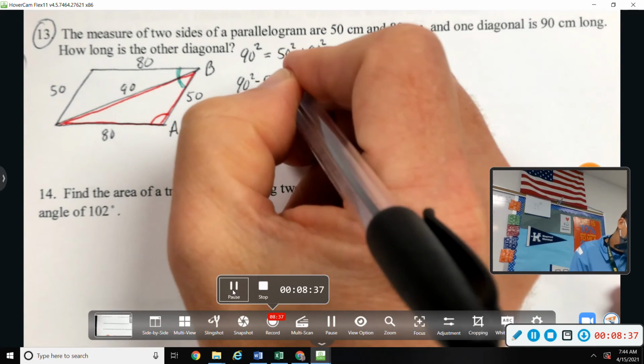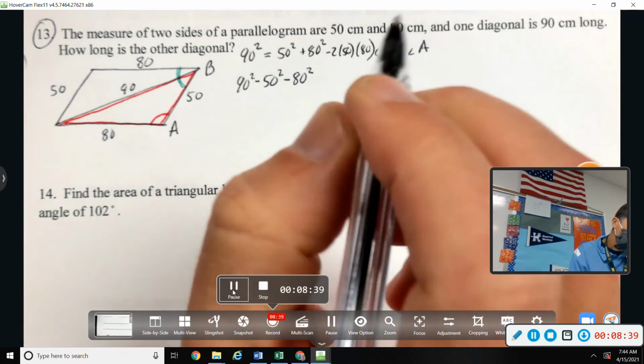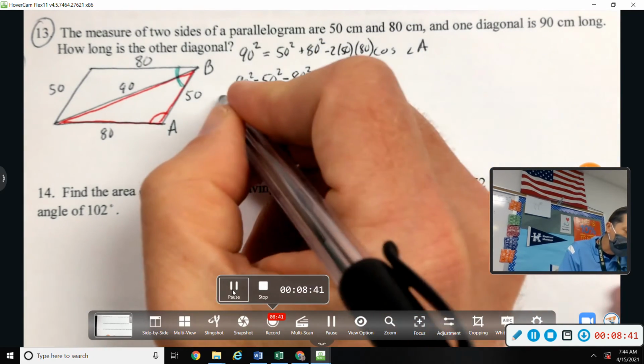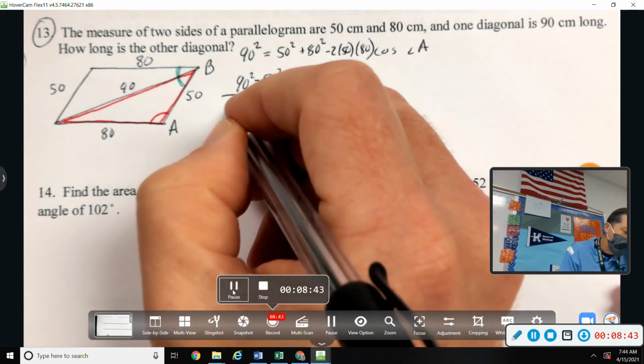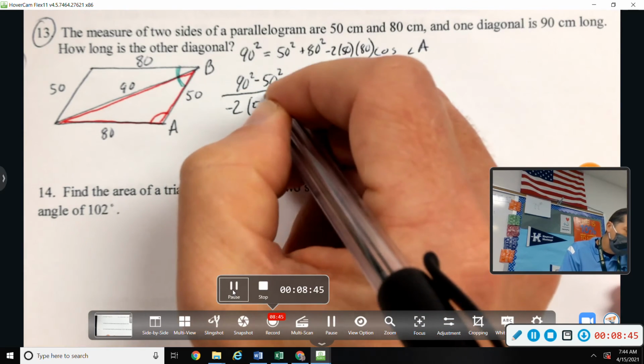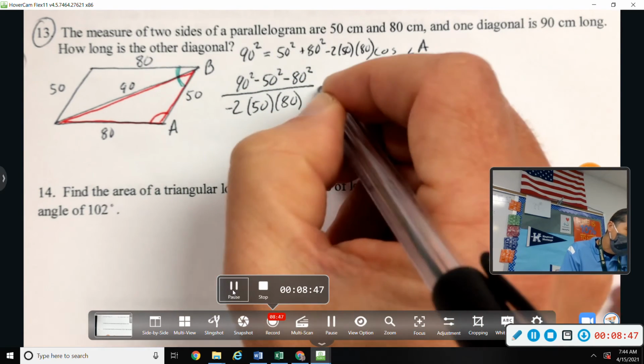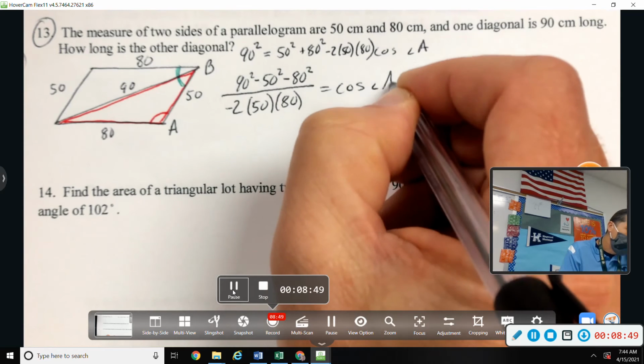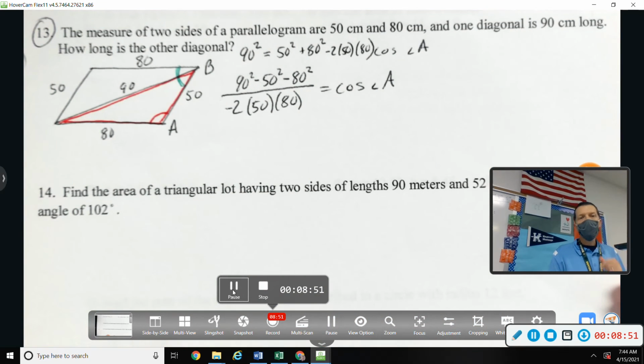Squared minus 50 squared minus 80 squared. We've done this enough times where I'm not going to show all the individual steps. Then we'll divide over -2, 50, and 80. And we need to inverse cosine that, so I'll put that in the calculator.